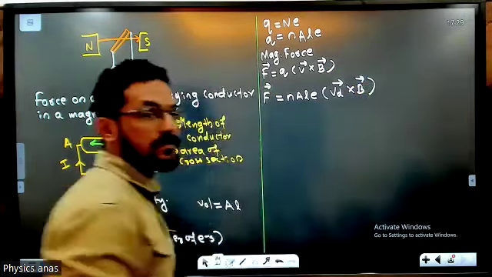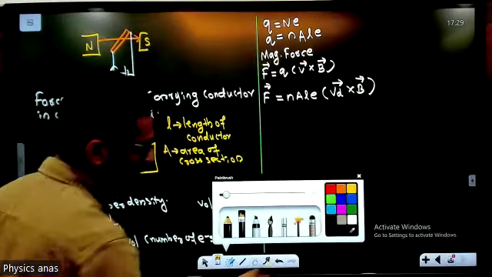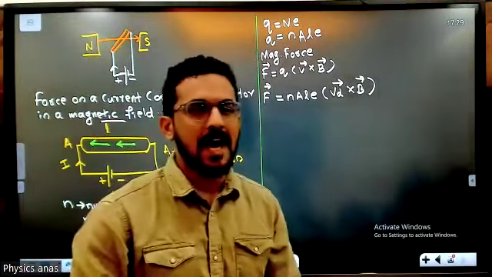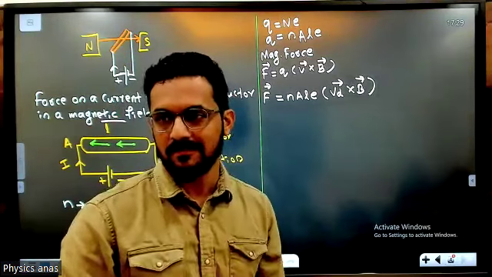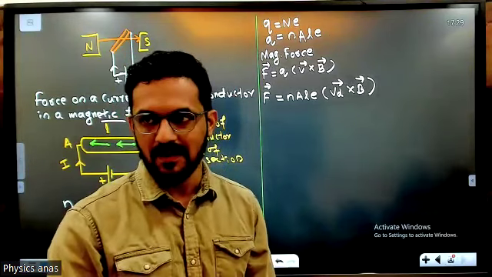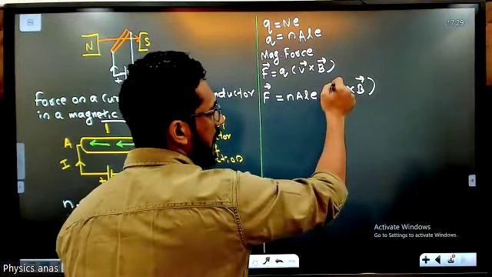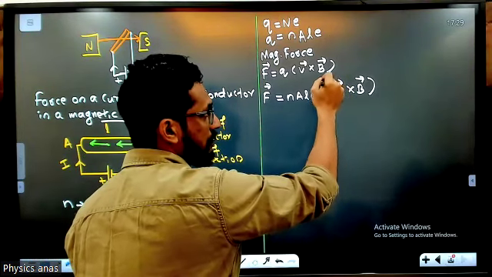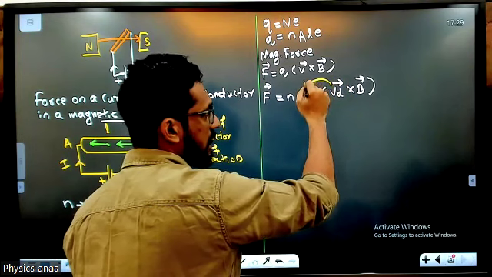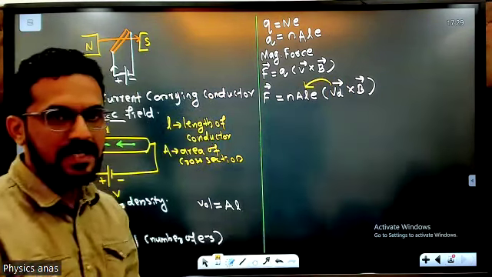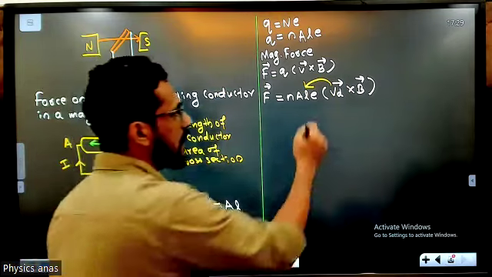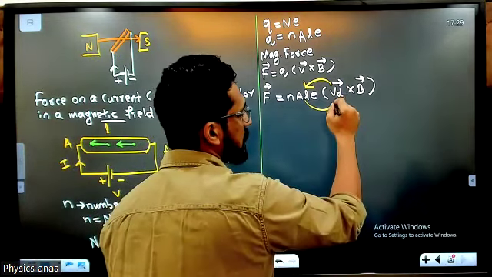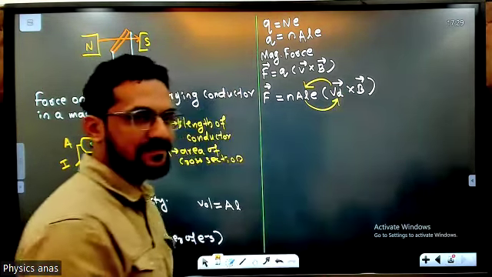Now I am going to do something. Concentrate here. I am modifying this equation. I am taking this V_d, which is a vector, out of the bracket and placing V_d in the place of L. And I am bringing this L inside the bracket, into the cross product.